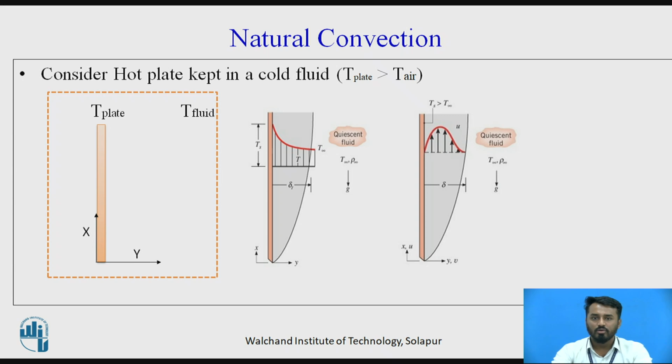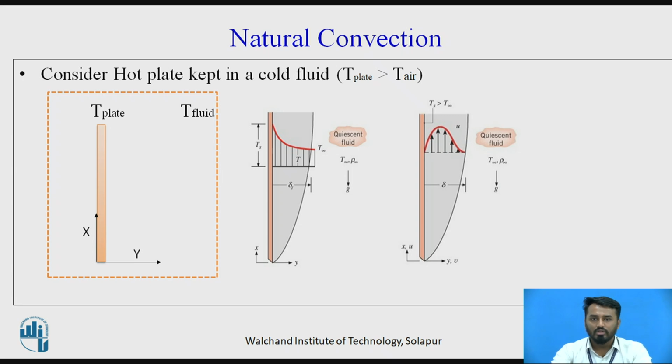Regarding the velocity profile adjacent to the plate, we have the no slip boundary condition, which means at the plate we have zero fluid velocity, and the adjacent fluid particles are at zero velocity.